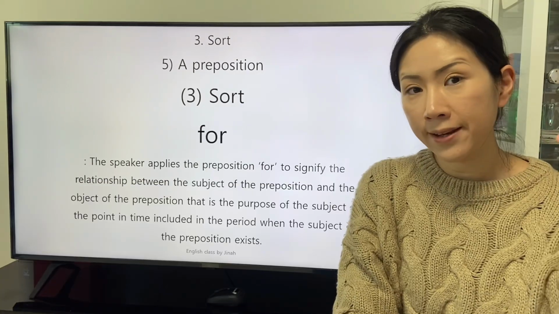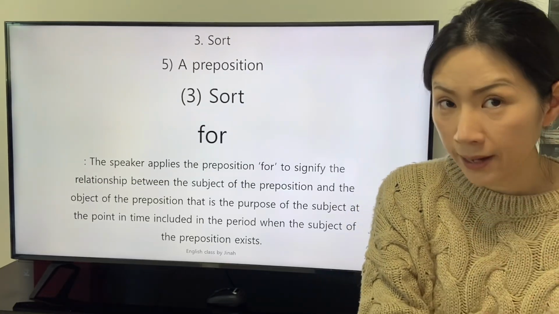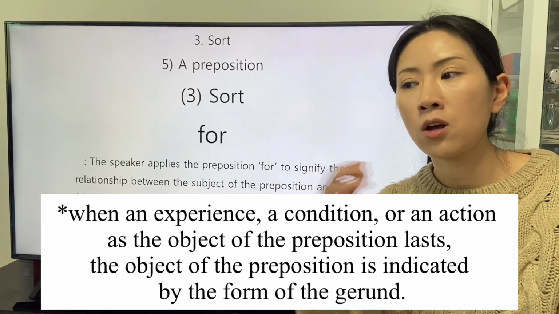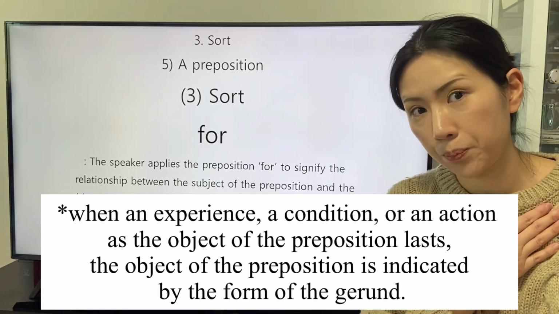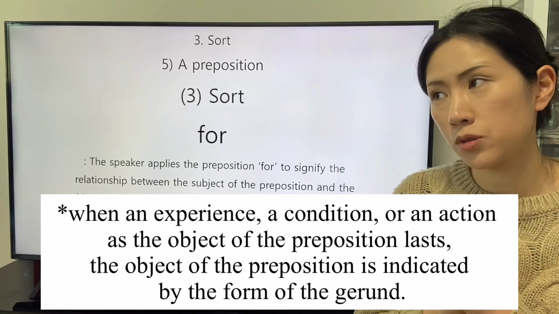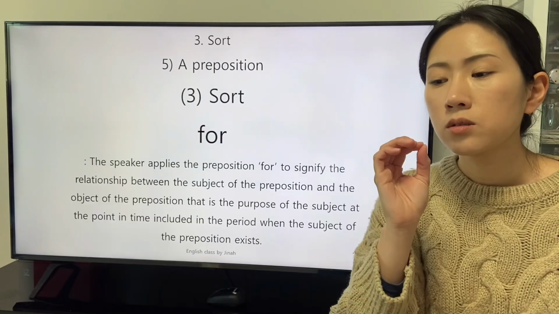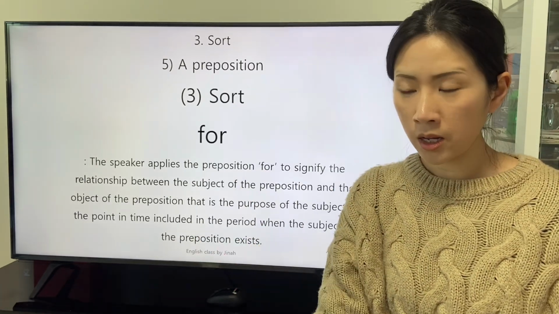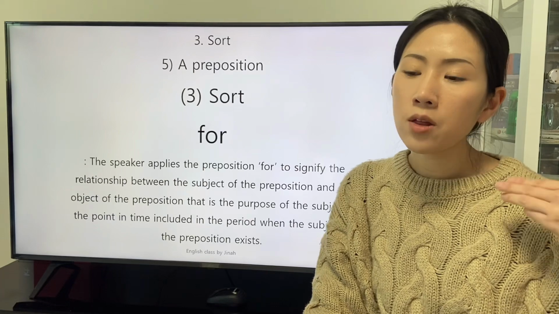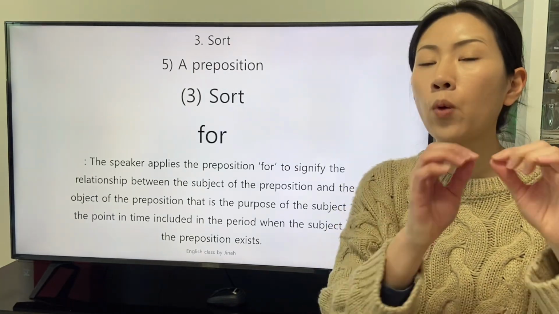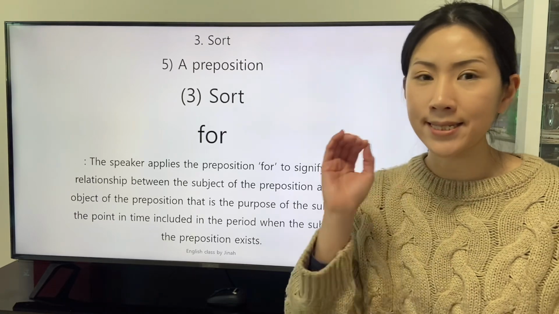with a perspective that a point in time can be specified into a period of time. The purpose indicated by the object of the preposition for is the purpose that the subject intends to actualize while the subject exists.